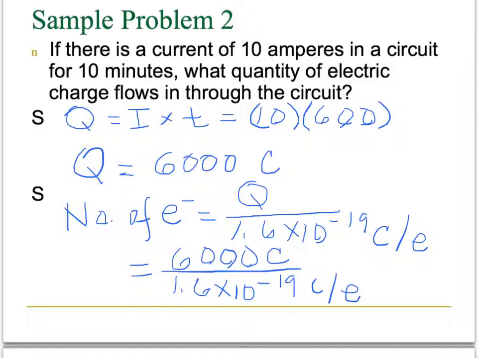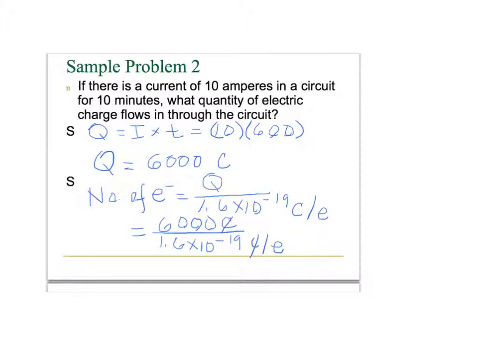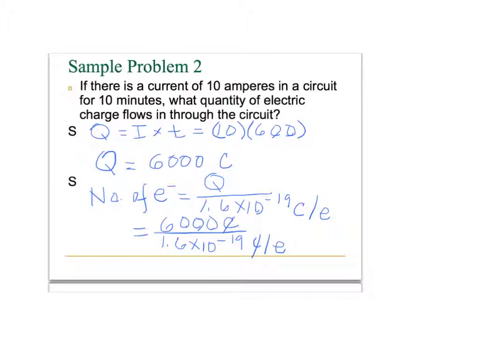So what do you notice? This cancels out, and solving this, the number of electrons would be equal to 6,000 divided by 1.6 times 10 to the negative 19.